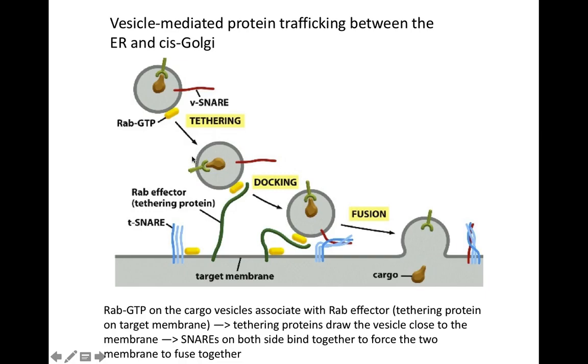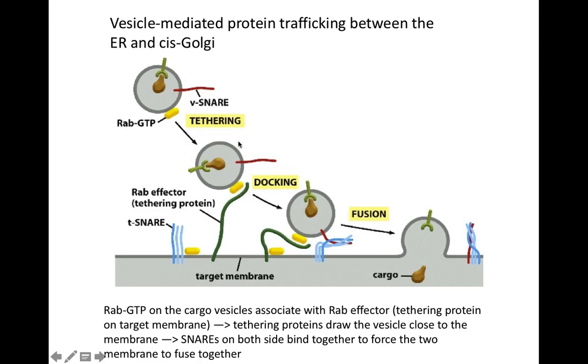So this is the detailed structure for the docking of the vesicles onto their target membranes. You have a vesicle which contains the v-SNARE proteins and Rab GTPases, while the target membrane contains t-SNAREs and Rab effectors. So two proteins are here and two proteins are here. The first step, tethering, takes place between the Rab GTPases on the vesicle and the effector protein on the target membrane.